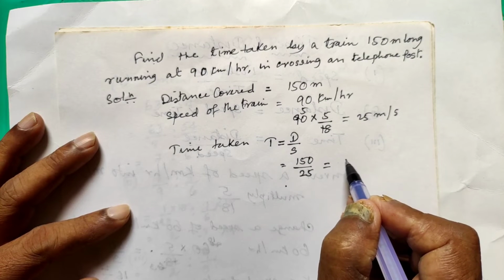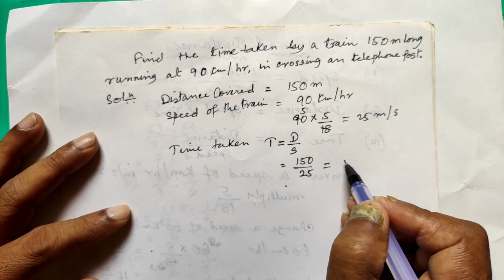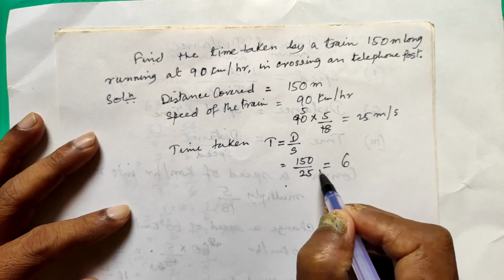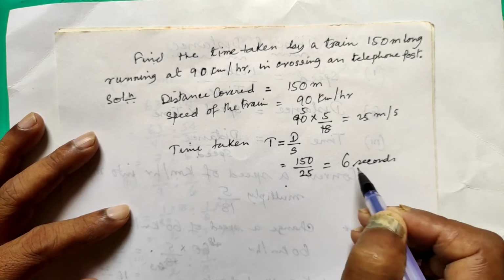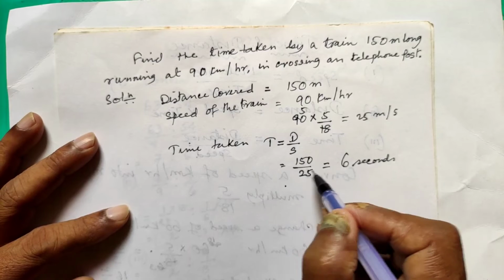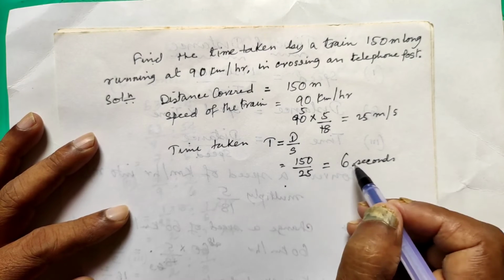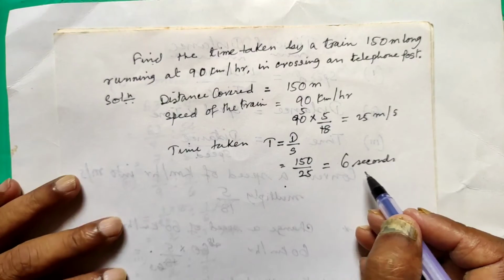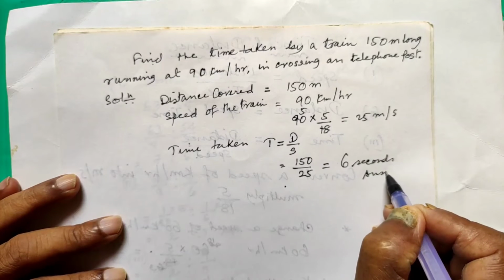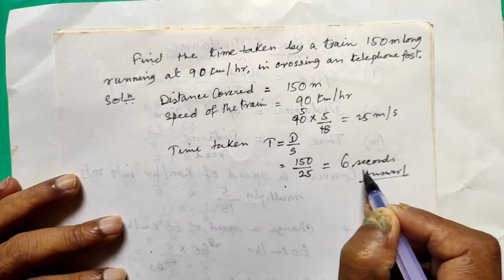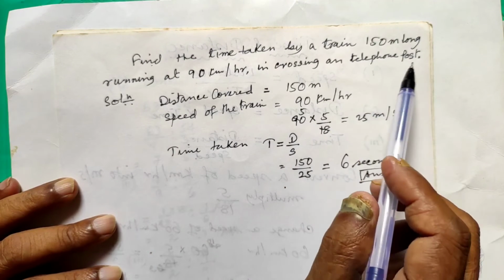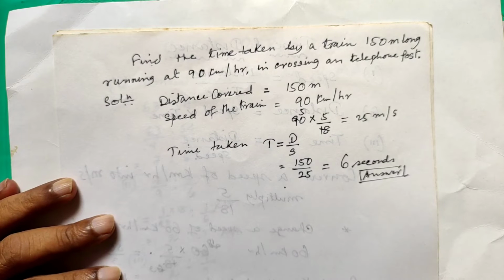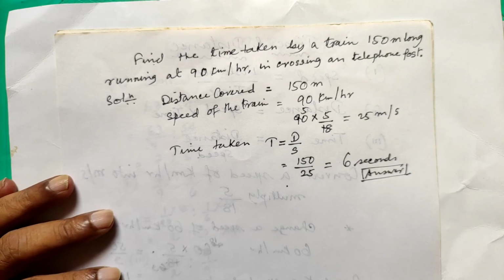So, it is second. Okay. So, how much we are getting here? 6 seconds. Okay. 6 seconds, remember. If you cancel it, okay, very simple. So, this is the answer, remember it. This is about a telephone post. Okay. Similar sum you can get in the name of electric pole also. Okay, remember it.